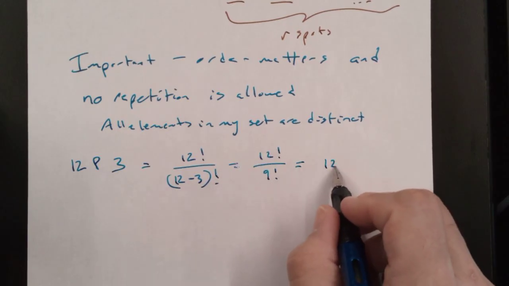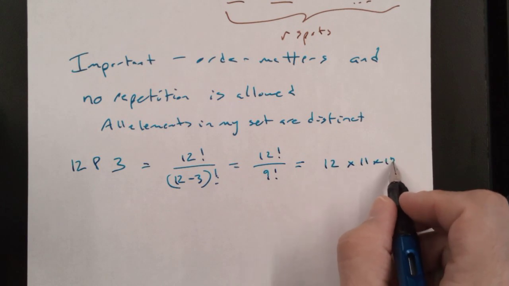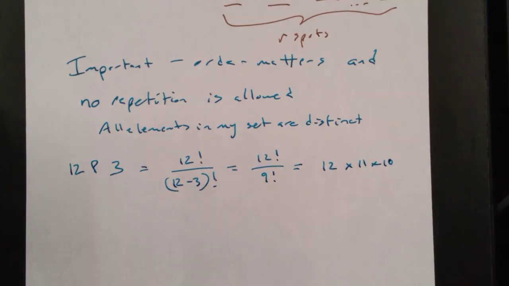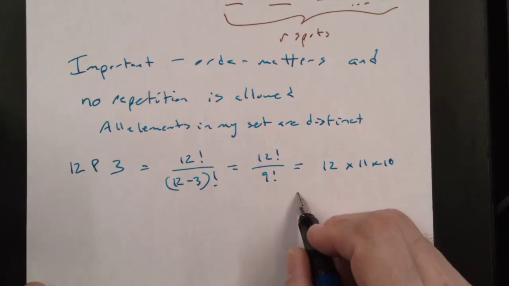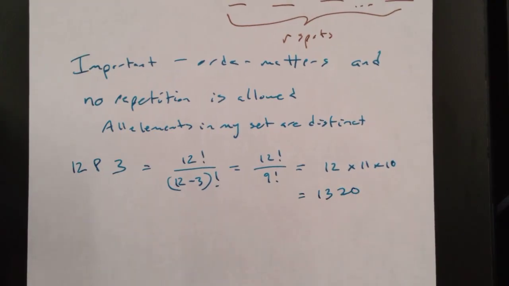Now you could do it like that by writing out the multiplications for 3 spots. And then 12 times 11 times 10. 12 times 11 is 132. So this is 1,320.